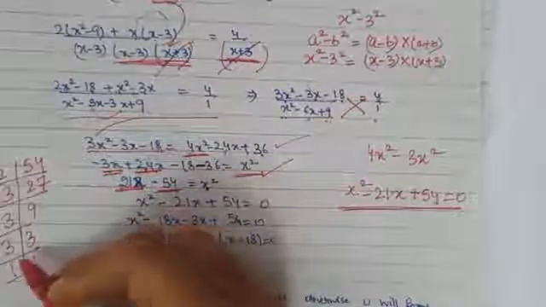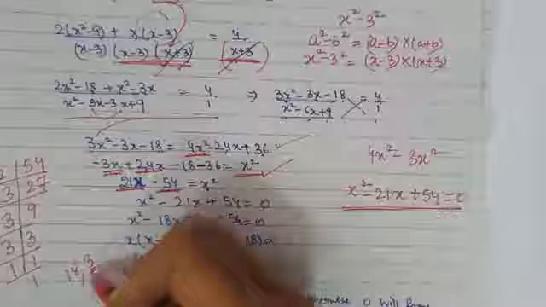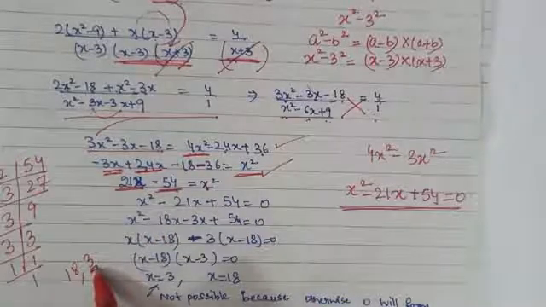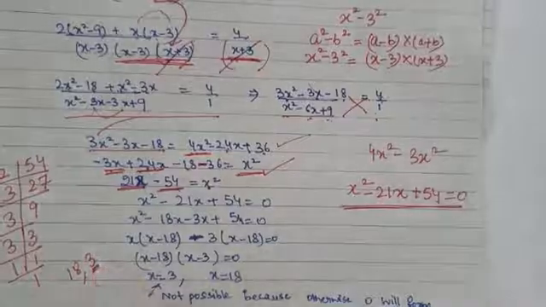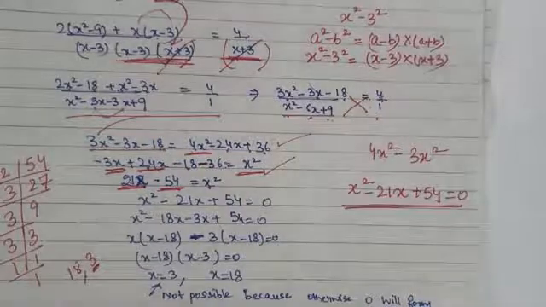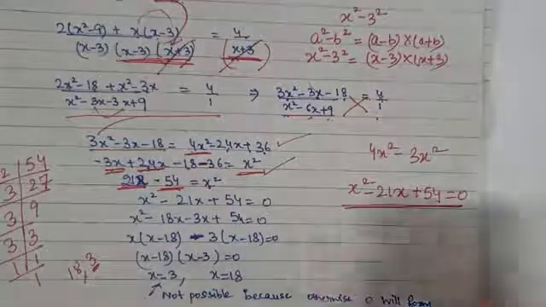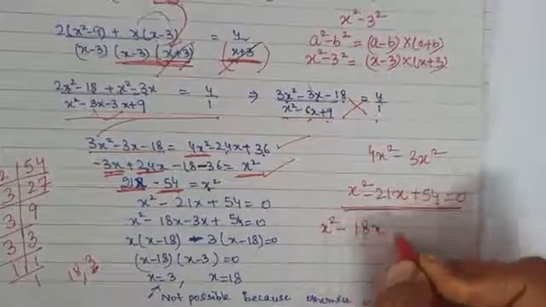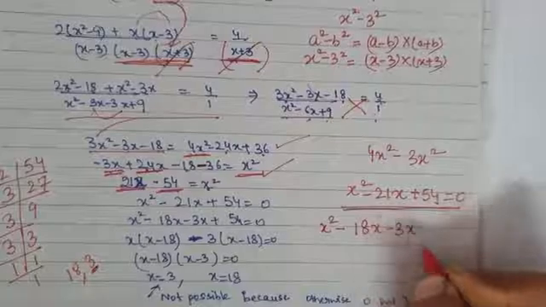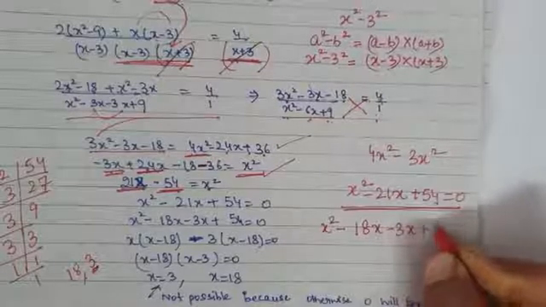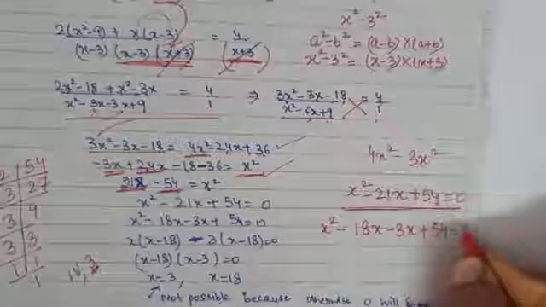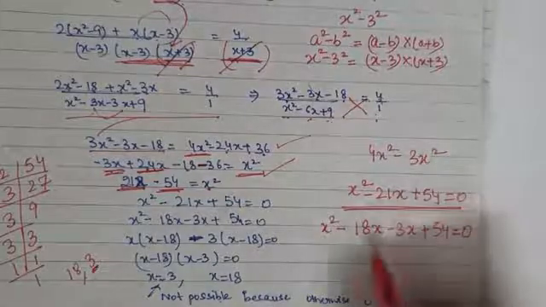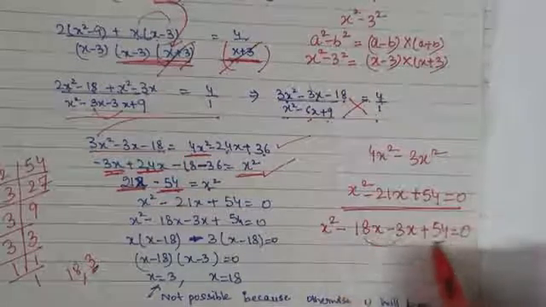Then 3 into 1, 3. And we know 18 plus 3 gives you 21. But children, we need here minus 21. So we will break it like this: minus 18x minus 3x plus 54 is equals to 0. Clear? Because 18 into 3 gives you 54 always.